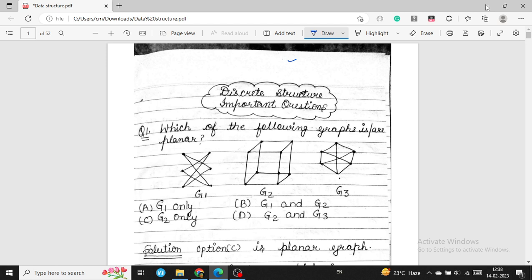Now, first of all, you have to keep in mind what a data structure is. A data structure is a storage that is used to store and organize data.